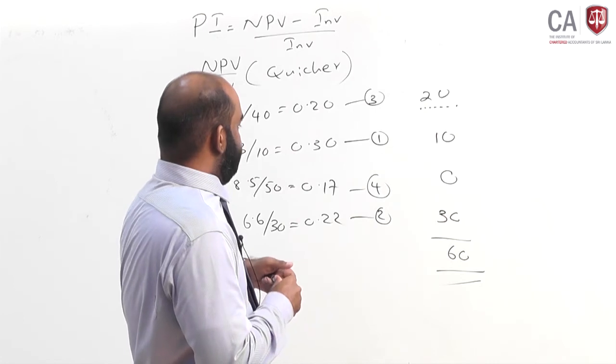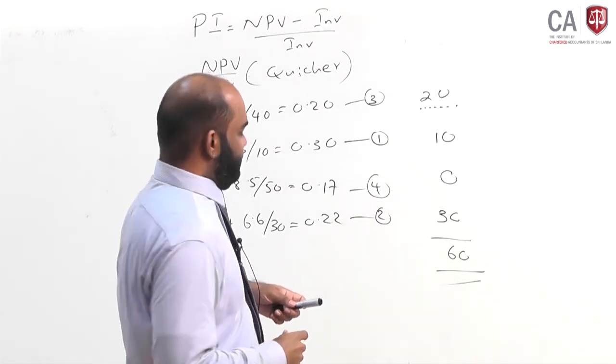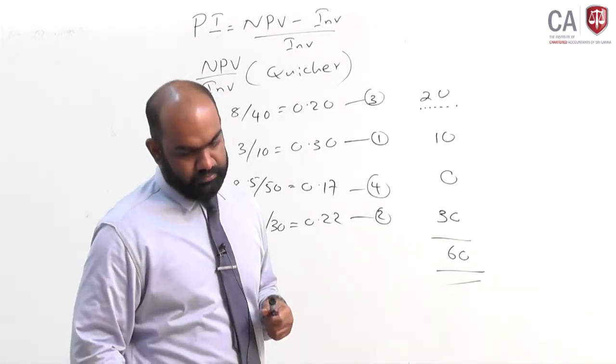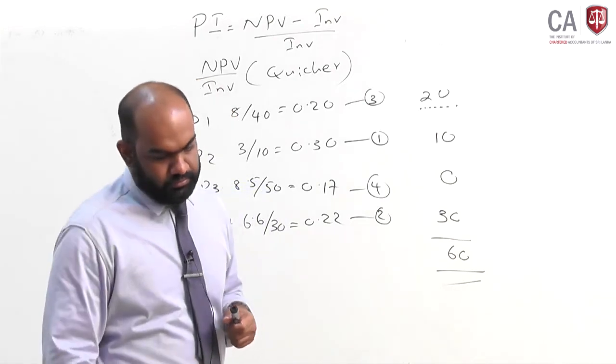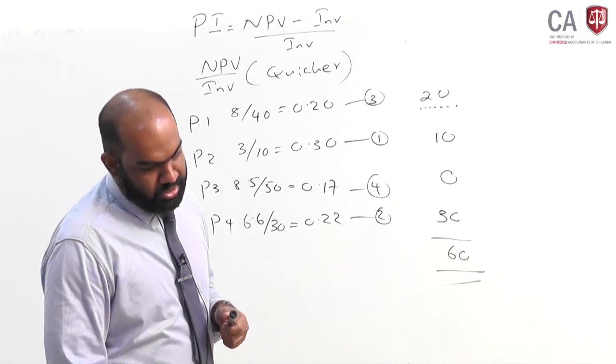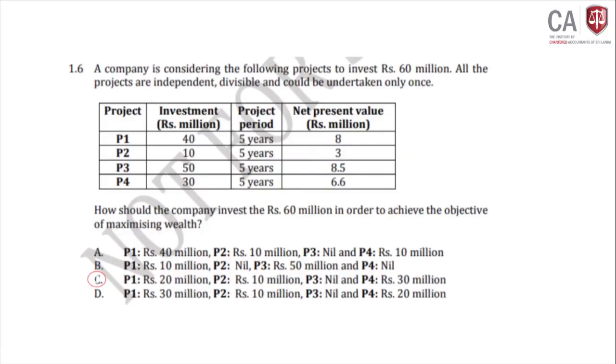That is answer C. So P1 20, P2 10, P3 nil, P4 30. So you go with answer C.